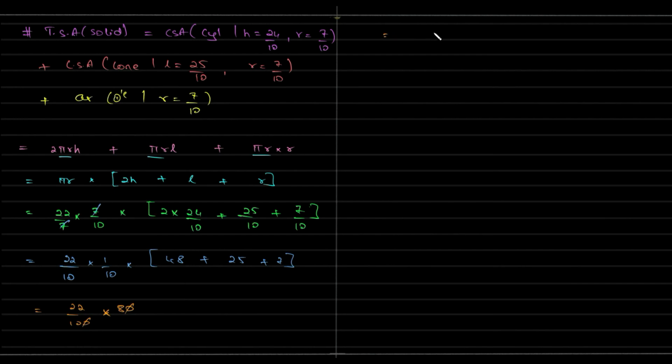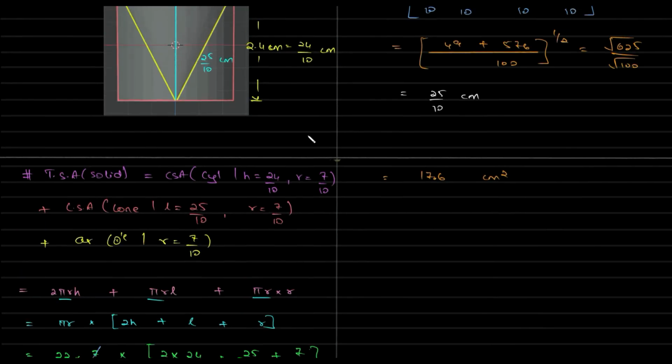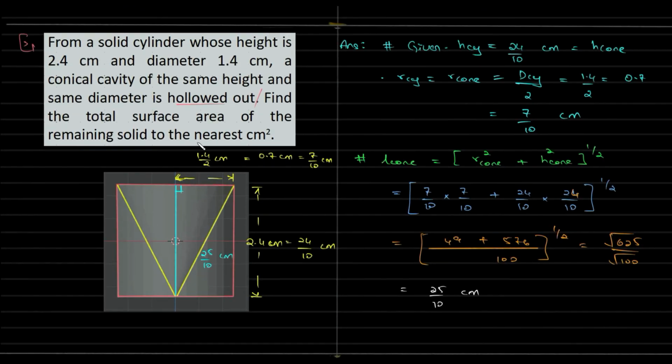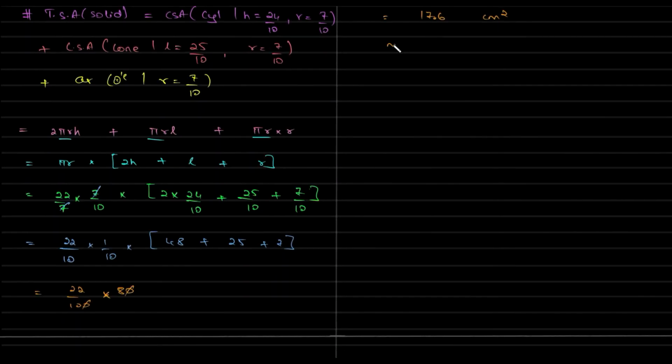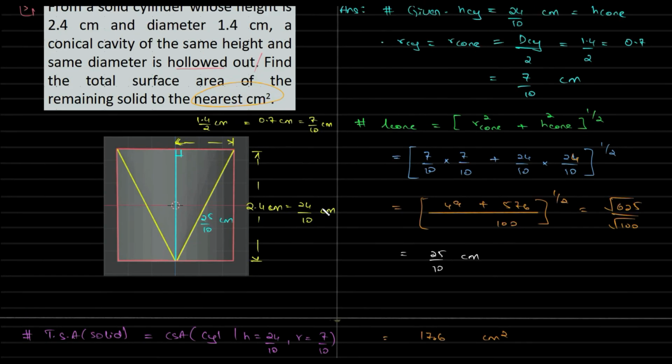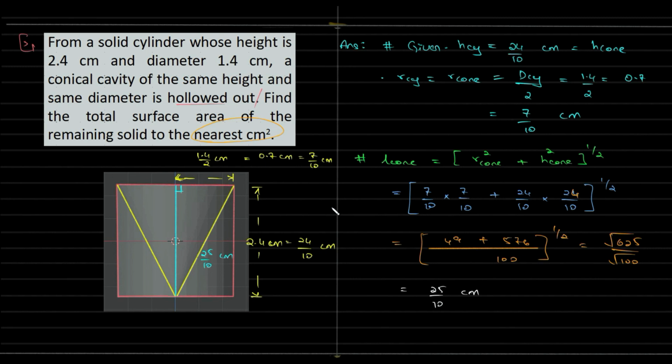So this is 176 by 10, which is 17.6 centimeters square. Right, and we have your answer. But there is one thing they're asking, make it to the nearest centimeter square. So basically they're asking us to approximate it to the nearest integer. So nearest integer is 18 centimeters square. Okay, have a look at the answer.